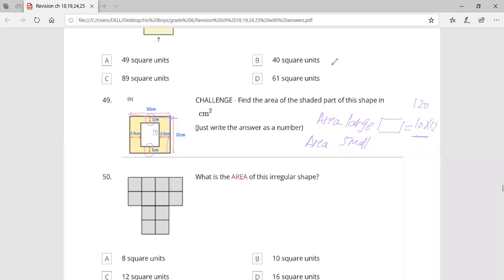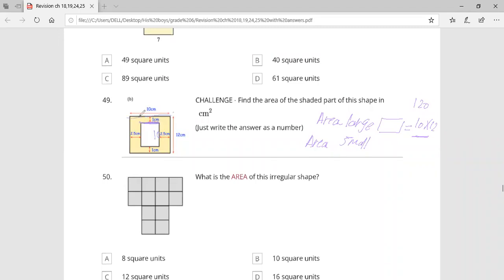Again, I make it again. Here is the first one. Here is 12. Here is 12. Cut 1 and cut 1. To get this side, 12 minus 1, 11. 12 minus 1, 10. Here is the missing side. Here is 10. How to get the width?